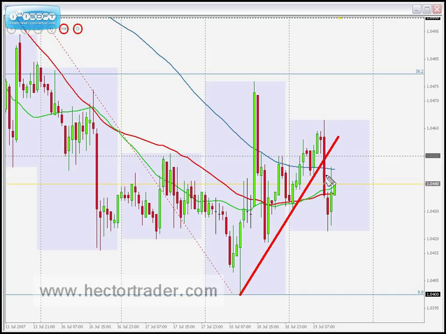Now we are going through the pullback aspect of any breakout type of trade that I like to trade. Always remember that I like to trade the breakout, pullback, continuation. You've seen plenty of information about this technique in chapter number 2 of this course.